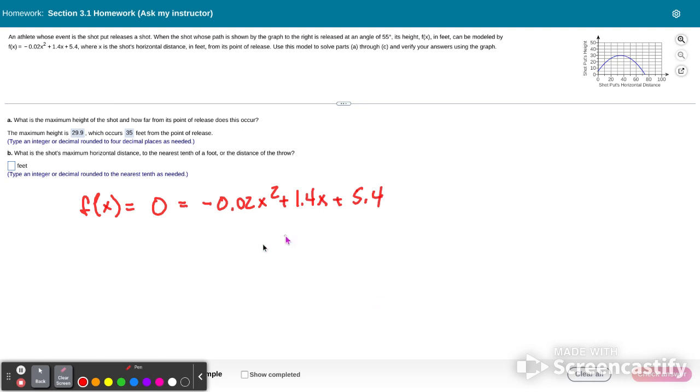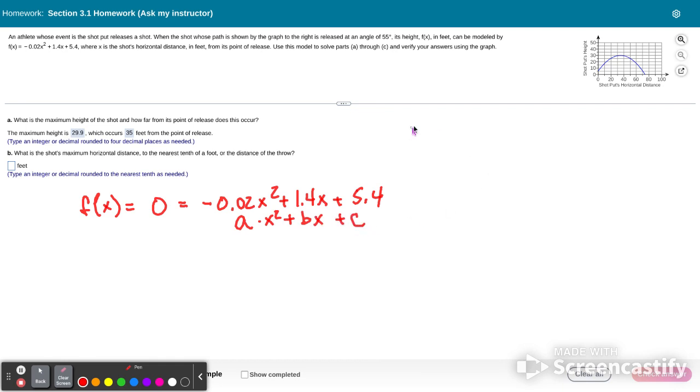And so now we have the ability to solve that because we know what the y value is going to be. We want to find out what x's will make this function equal 0. Because these are crazy numbers, I'm going to use the quadratic formula. Just a couple quick reminders: this is going to be my a value, right? So it's a times x squared plus b times x plus c.